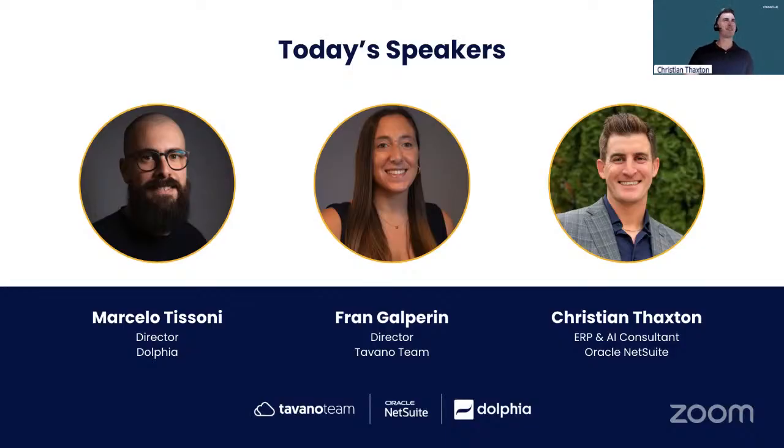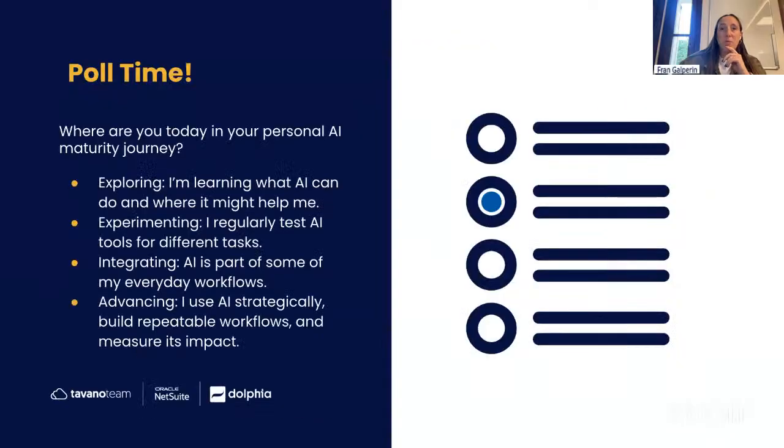Before we let you get started, we want to get a sense of the audience and where everyone is. So we're going to do a little poll. Where are you today in your personal AI maturity journey?